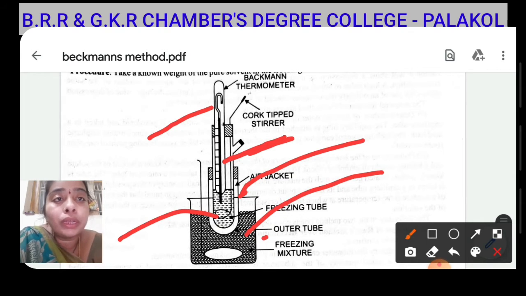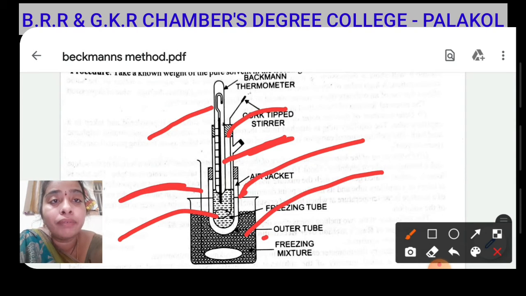In this apparatus, the Beckmann thermometer is used to measure small temperature changes in the freezing point of pure solvent and solution. In this freezing tube, one side arm is used to add the solute particles to the pure solvent. This is the cork strip and this is the platinum stirrer in the freezing mixture. This is the freezing mixture.